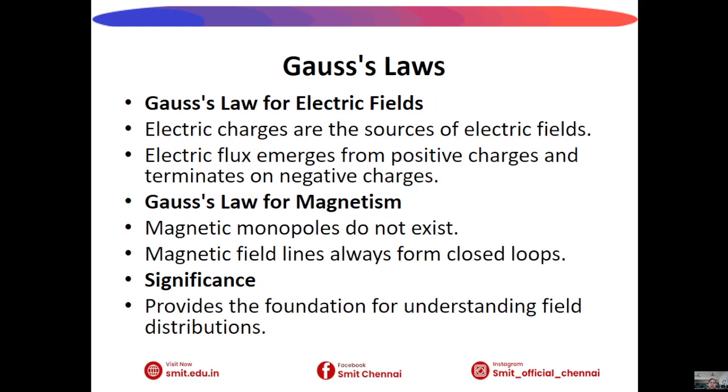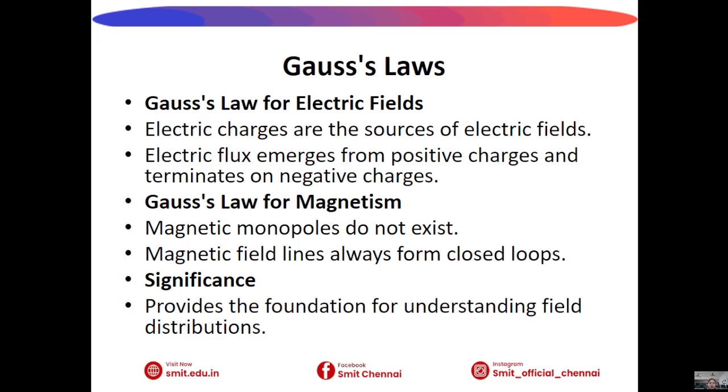Next, we see about the Gauss law. Gauss law for electric field states that electric charges are the sources of electric fields. Positive charges create outward electric flux while negative charges attract electric flux inward. Gauss law for magnetism states that magnetic monopoles do not exist.